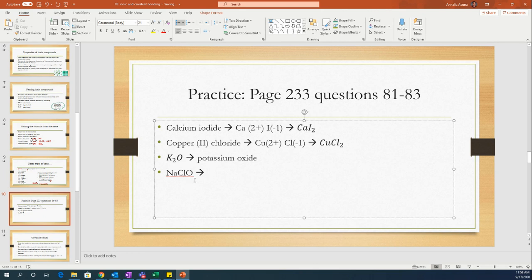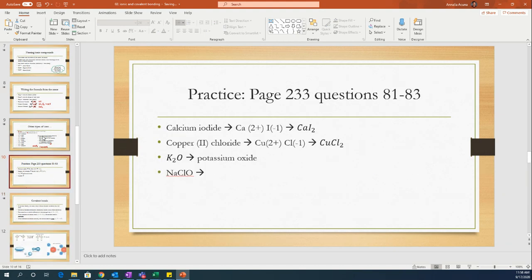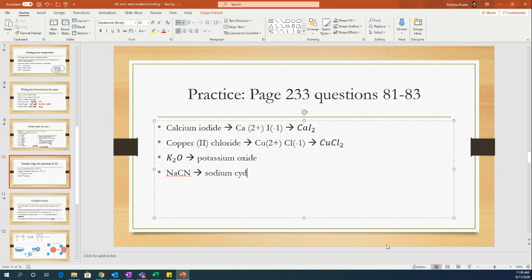I have this polyatomic, which I believe is hypochlorite. But let's use a polyatomic from this list I just gave you. Let's just use CN. Since you just saw that one, you might not have your book in front of you. So our metal here is sodium. And then we just name the polyatomic, which is cyanide.